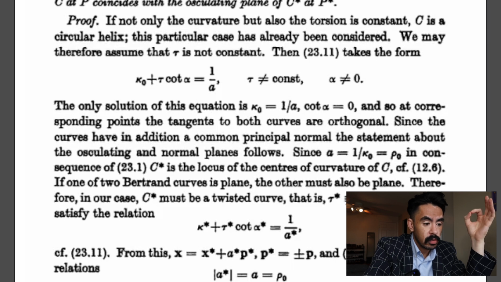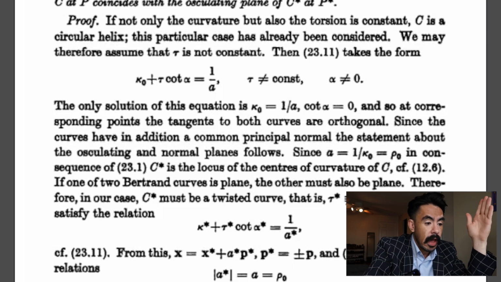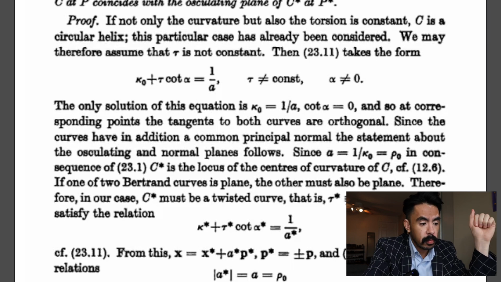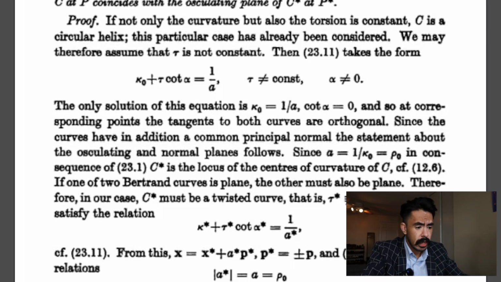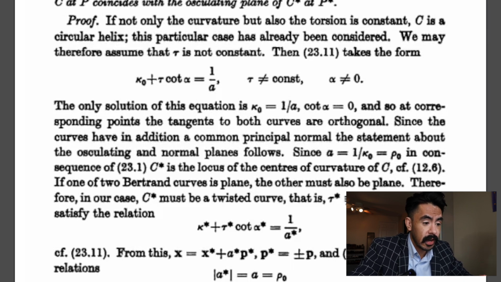So the only solution of this equation is that kappa naught equals 1 over A and cotangent of alpha equals 0. So at corresponding points, the tangents to both curves are orthogonal. Since the curves have in addition a common principal normal, the statement about the osculating and normal planes follows.